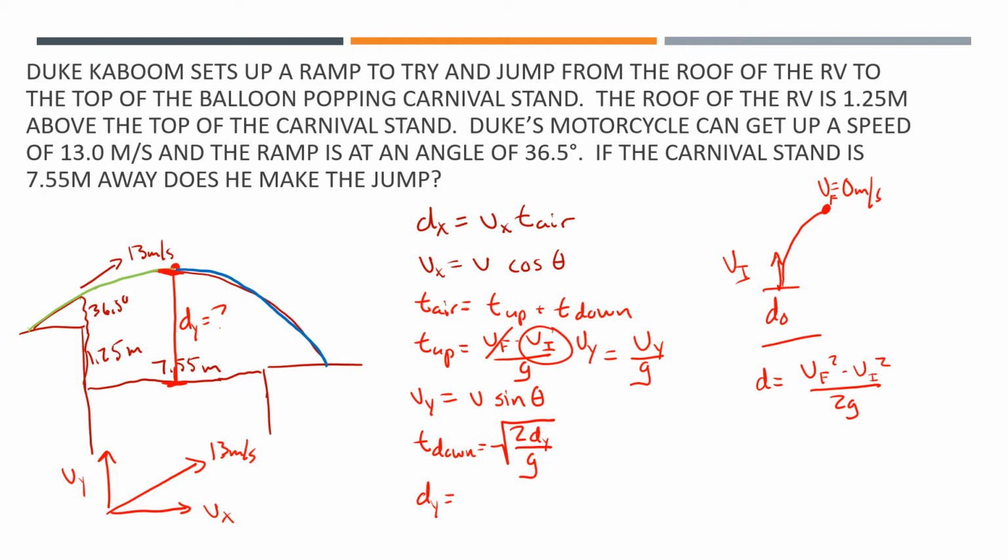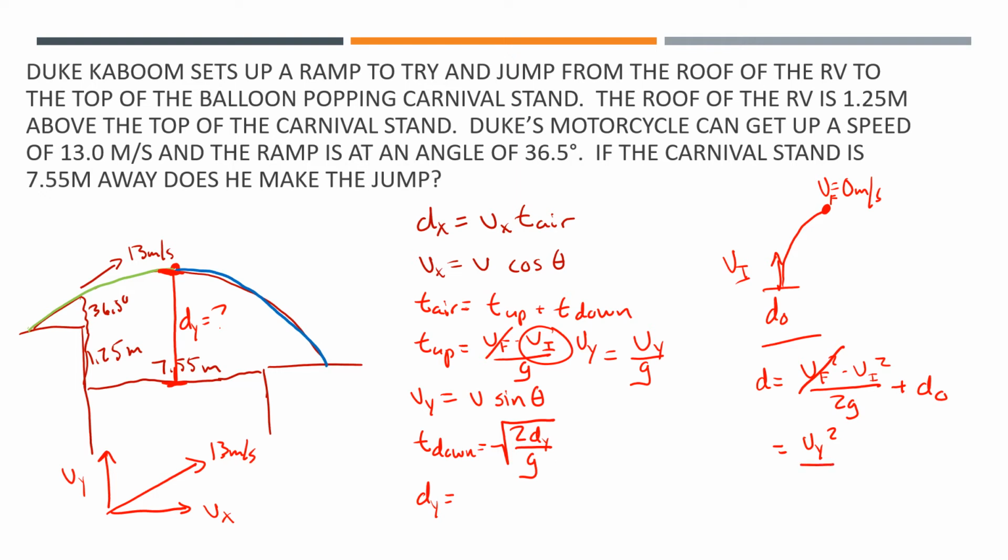And again, to compensate for the fact that we're off the ground, we're going to have to add a DO into that. However, we go back and look at our equation and our values and what VF and VI and DO really are. Well, VF is 0, so it's going to go away. VI again is VY, just like it was for the other one, because remember, we only care about that vertical part of the motion. We're talking about height. Horizontal part's not going to affect it. We only care about that vertical component, that VY.